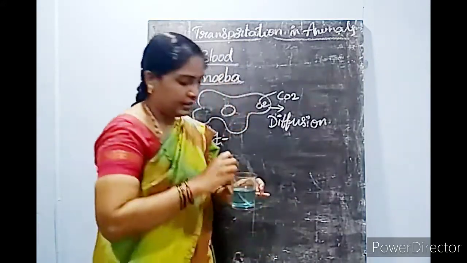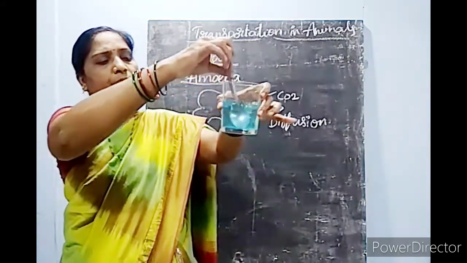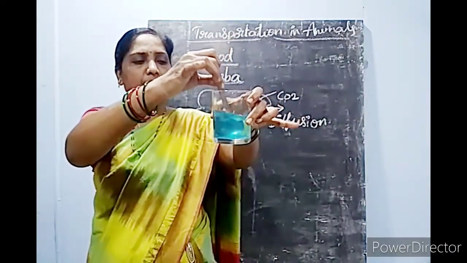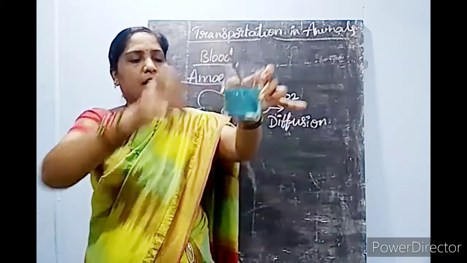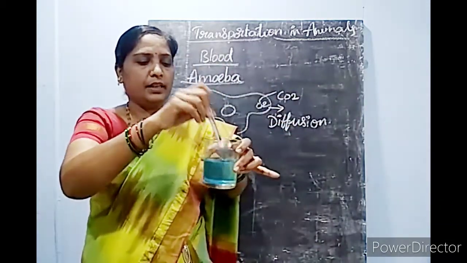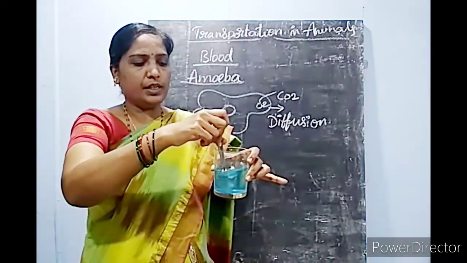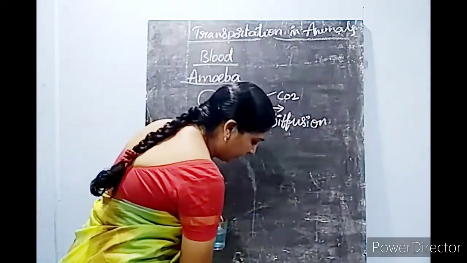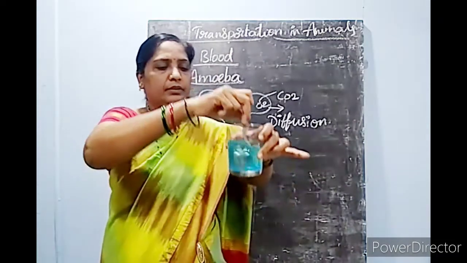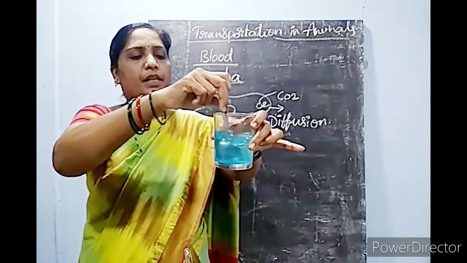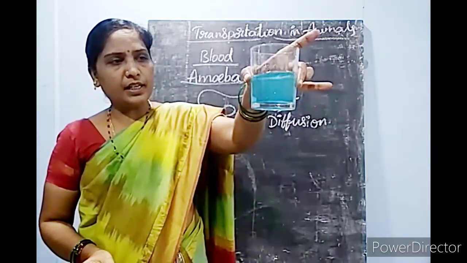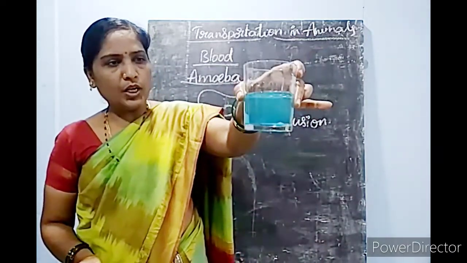Just mix it well and see how these particles are mixing in the water and giving a thick color to the water. The water obtained this color because the particles are moving from a region of higher concentration to a lower concentration.